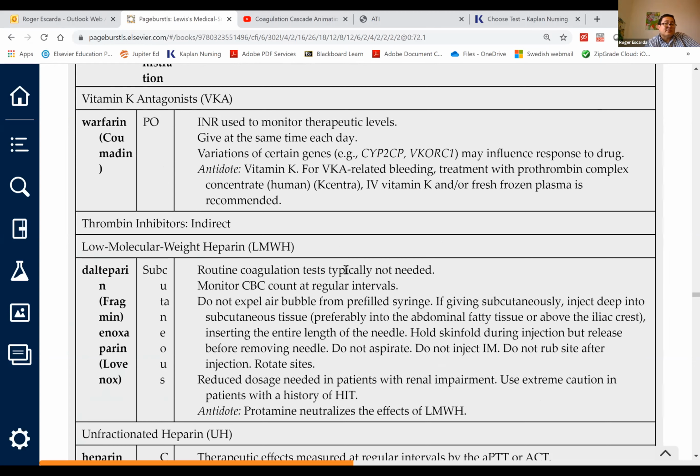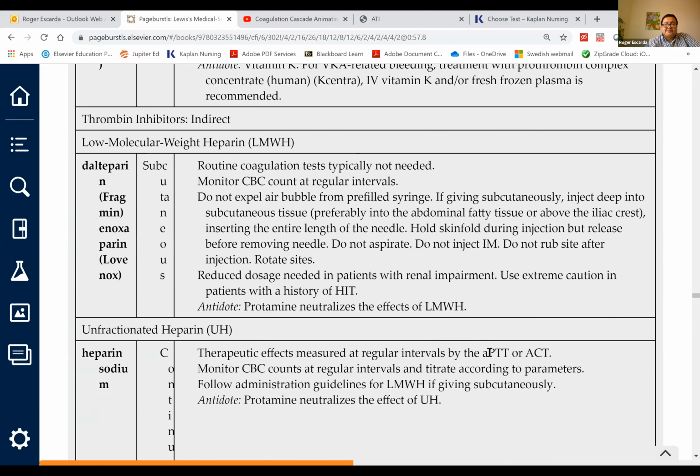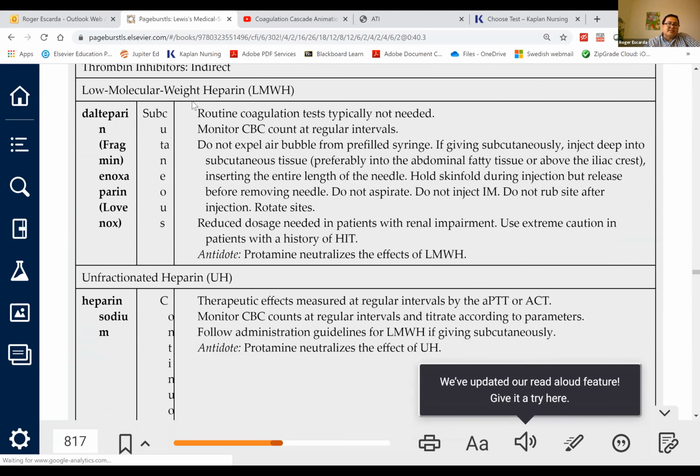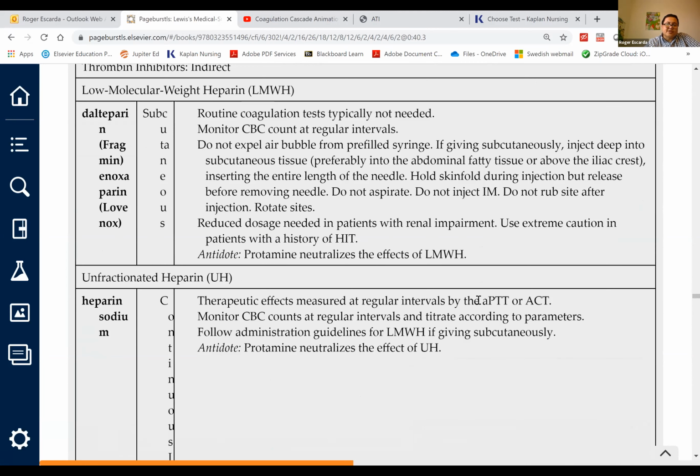It can cause thrombocytopenia. But as far as whether your therapeutic levels are achieved, what bleeding time do you monitor for any heparin? PTT. It'll be the same. These are both heparins, whether it's LMWH or UH, so you monitor the same thing, APTT.